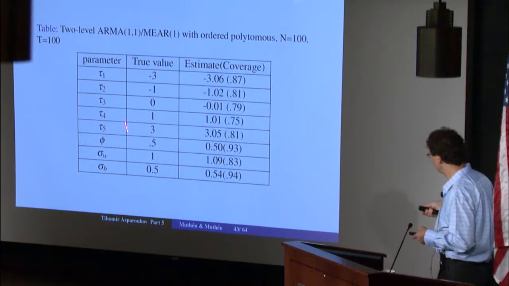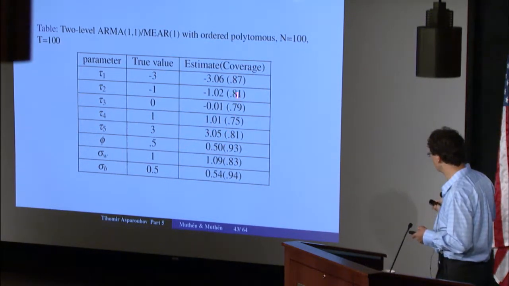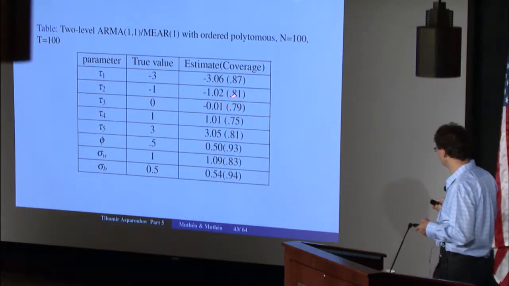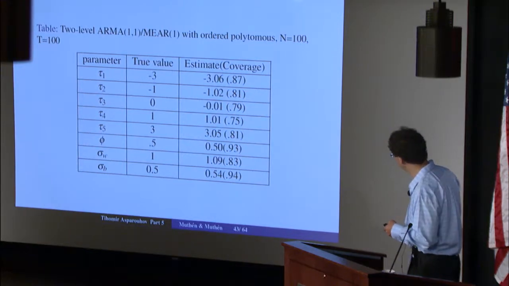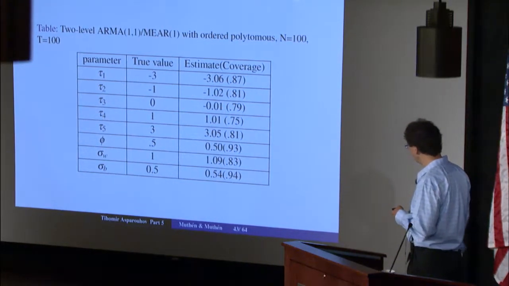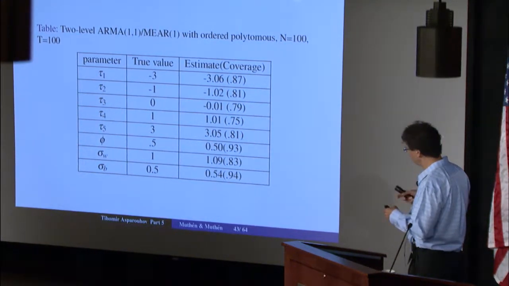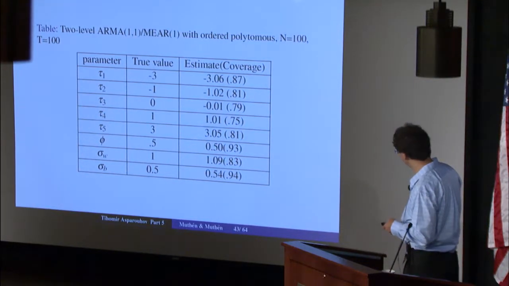You can see here the parameter estimates are fairly unbiased and the coverage is fairly good. Again, some low coverage here can probably be resolved by running a much longer MCMC sequence to get a fuller posterior distribution.